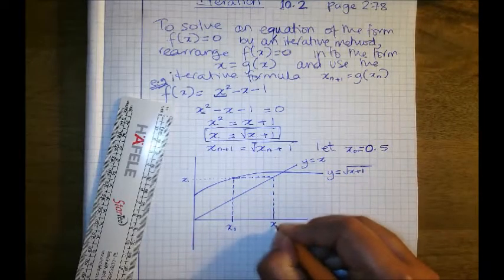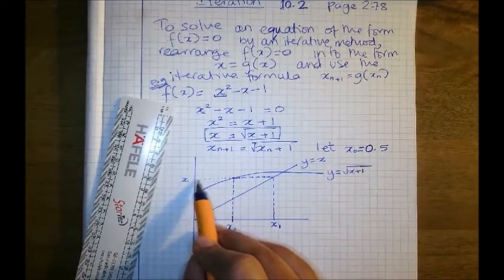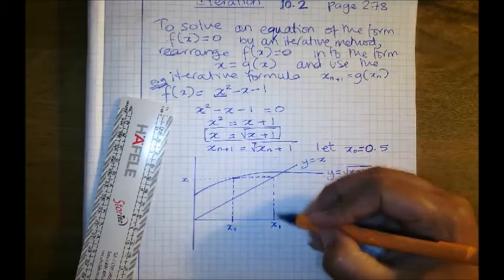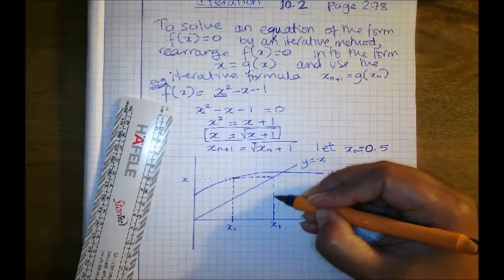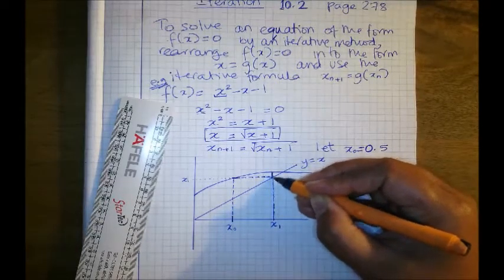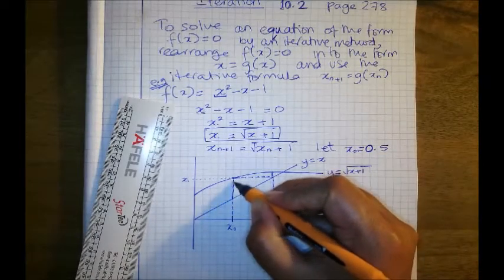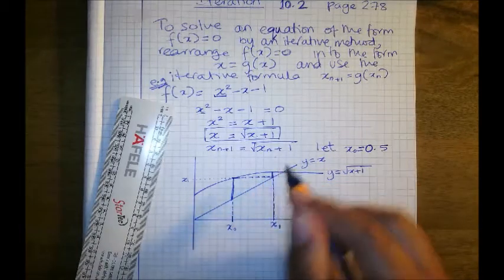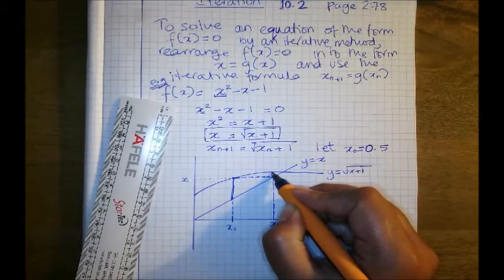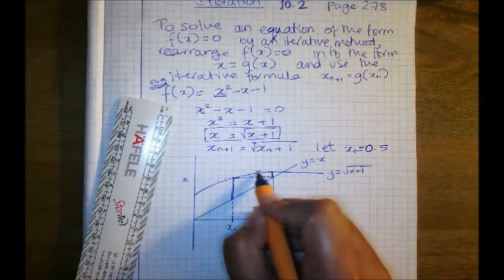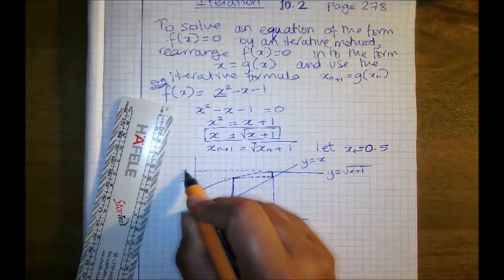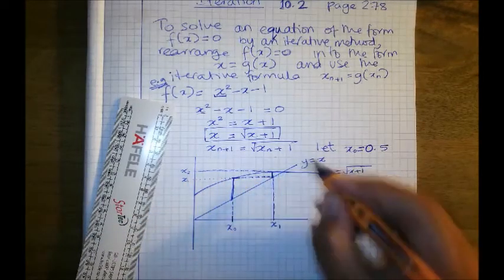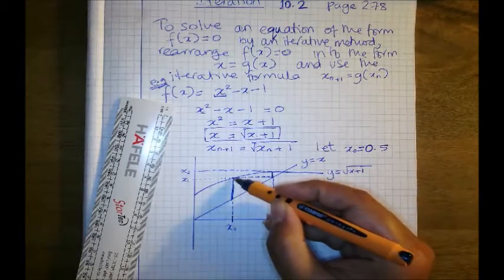Now if I was to start at x0 equals 0.5, let's say that is here, what's actually going to happen? I am going to substitute x0 into this equation. So that's going to give me an output which is going to be this value. But because I've got a line y equals x, I'm going to extend this to my line y equals x, and I'm going to read off what that's going to be.